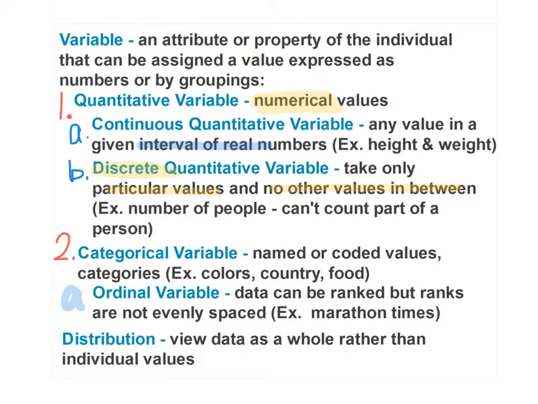An ordinal variable is that the data can be ranked, but ranks are not evenly spaced. So marathon times would be considered an ordinal variable. Distribution, the definition for distribution is that you view data as a whole rather than individual values.